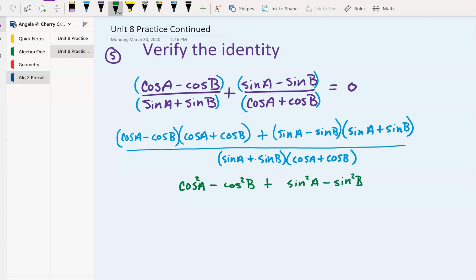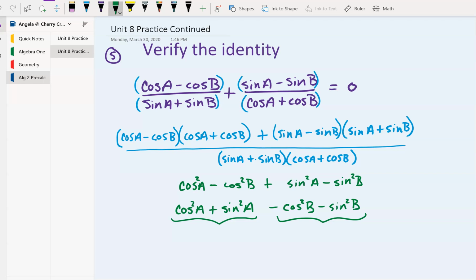In the next step, I'm going to rearrange some things and bring my cosine squared of A and my sine squared of A, which are both positive, together. And right next to that, I'm going to write my cosine squared of B, which is currently negative, and my negative sine squared of B. I'm going to start thinking about how I can use my identities, specifically your Pythagorean identities, to simplify this further.